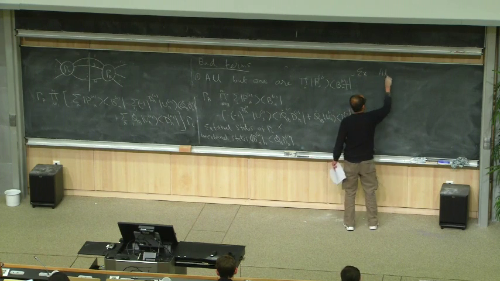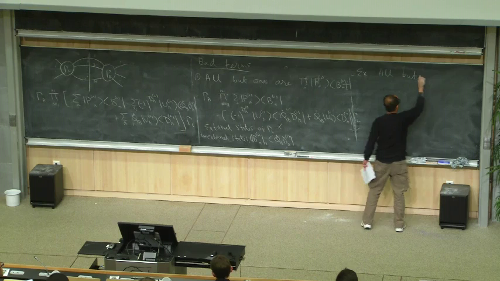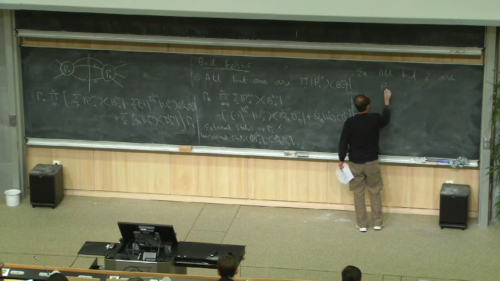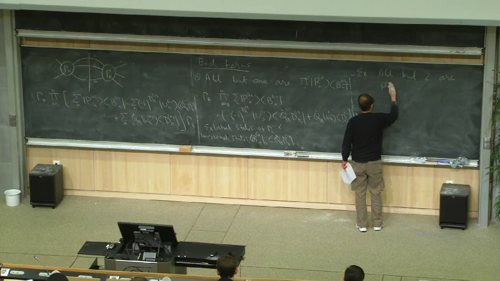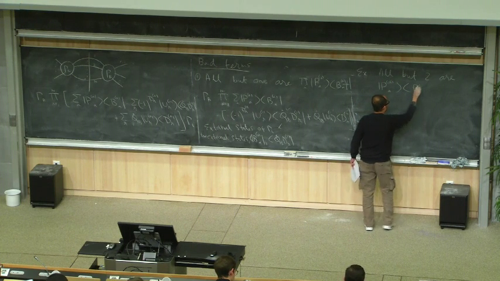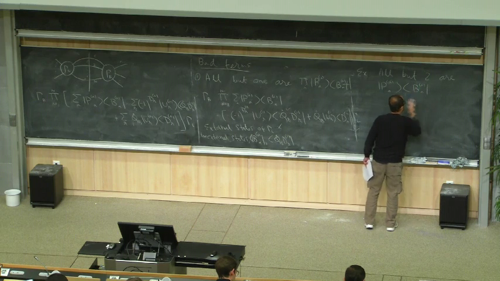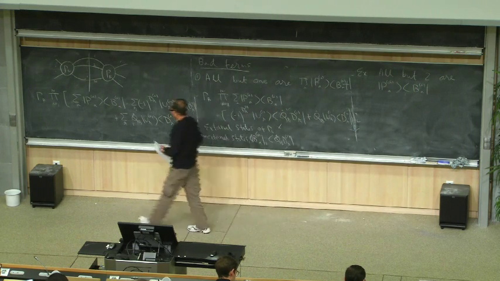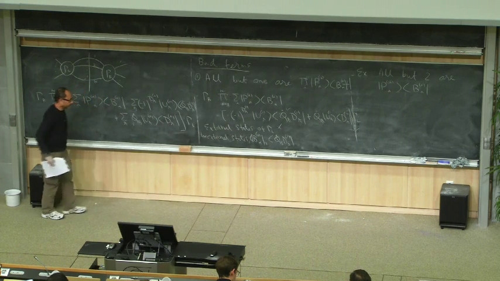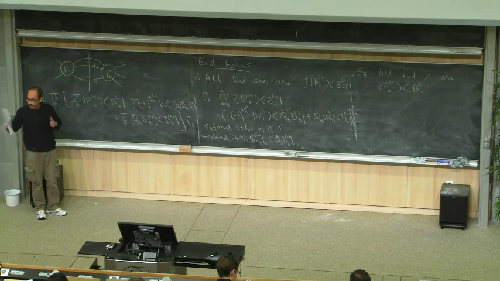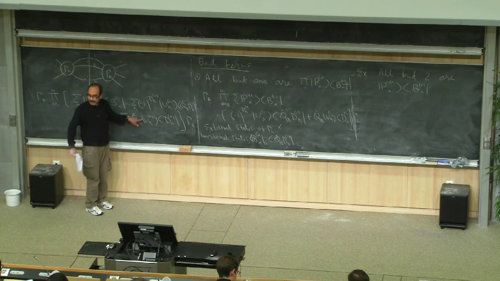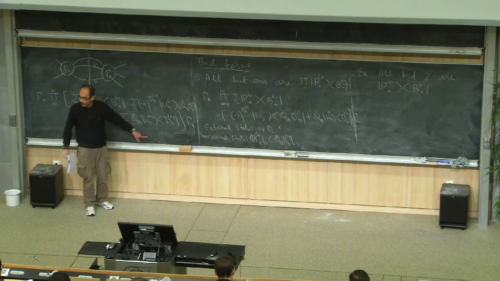All but 2 are PAI. So, all of them are of this kind, except that from two factors, say 1 and 2, we have picked this from 1 and the same term from 2.